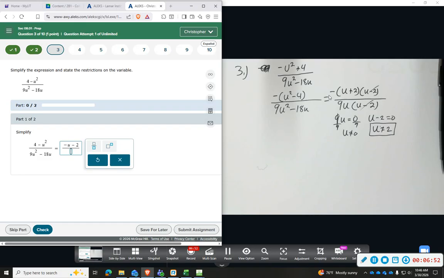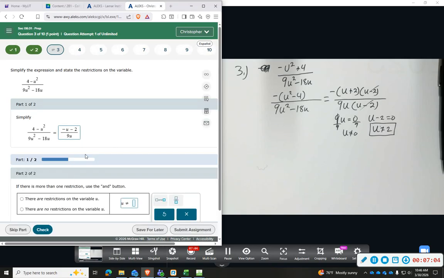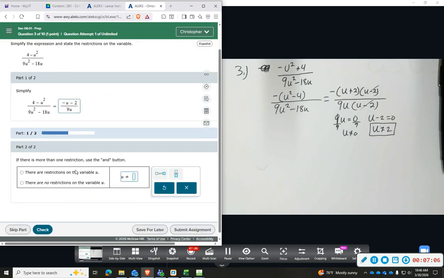When you distribute the negative, both of them become negative. And this would be over 9u. And then on the bottom, restrictions, use and. We have 2 and 0.